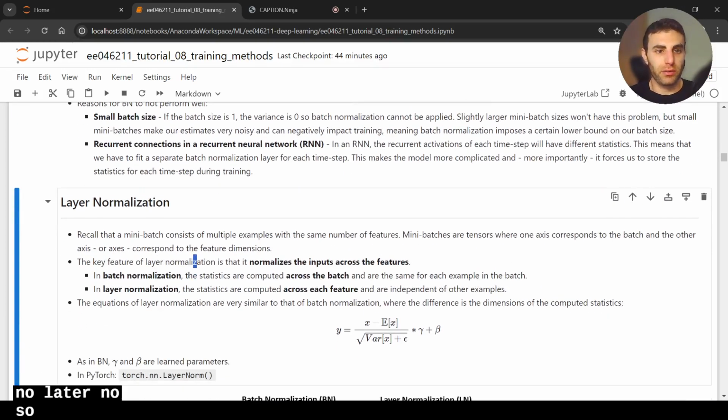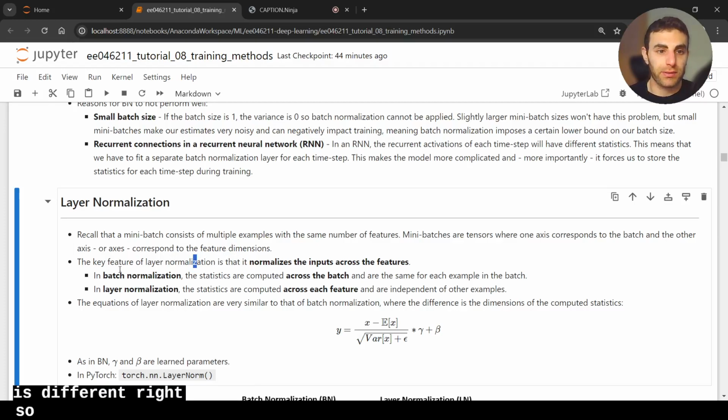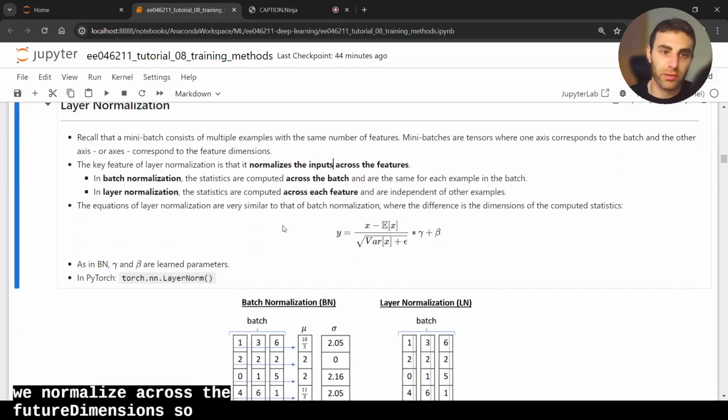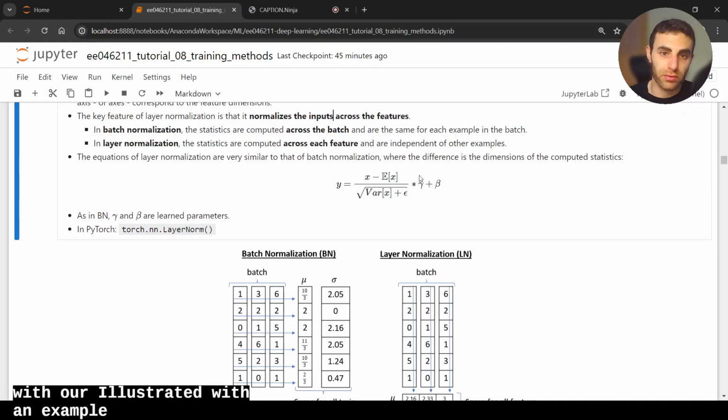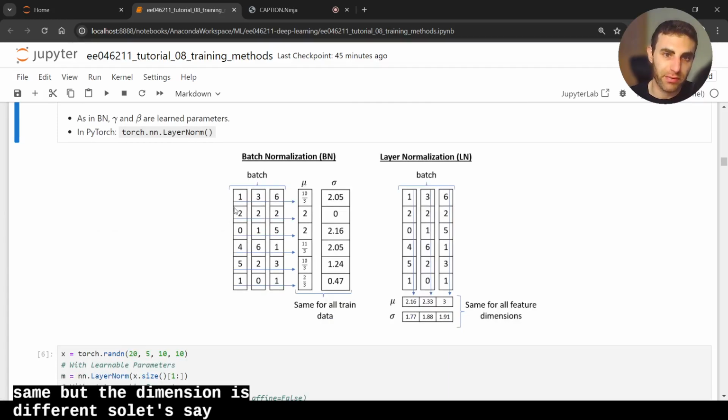Layer norm is a technique that applies the same standardization formula, but the dimension is different. So how does this work? We normalize across the feature dimensions. It's best illustrated with an example. The formula is the same, but the dimension is different. Let's say we have these 3 examples, so the batch size is 3, and we have 6 features.